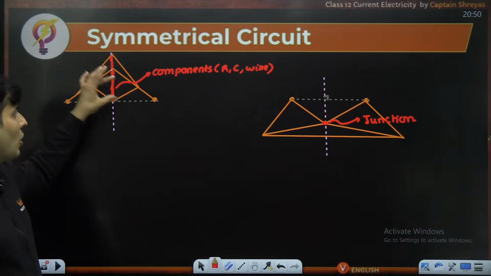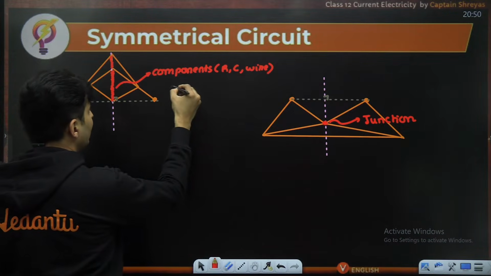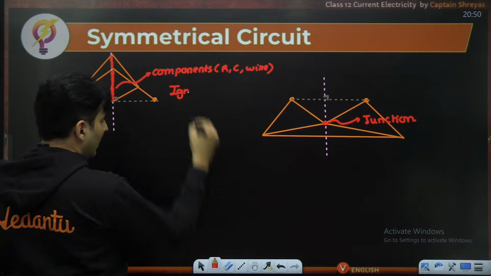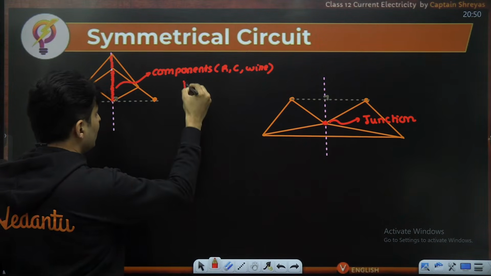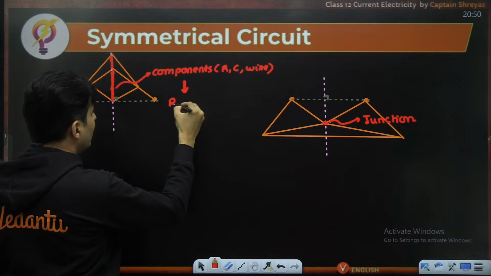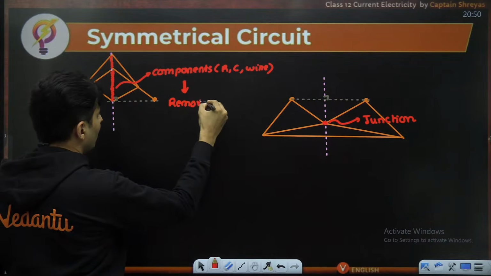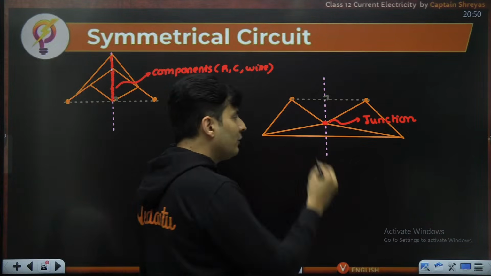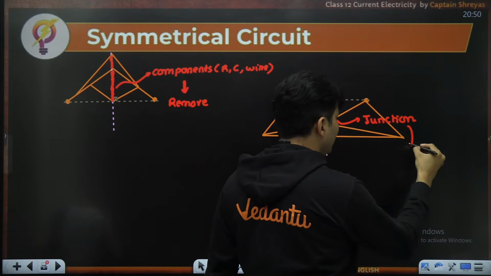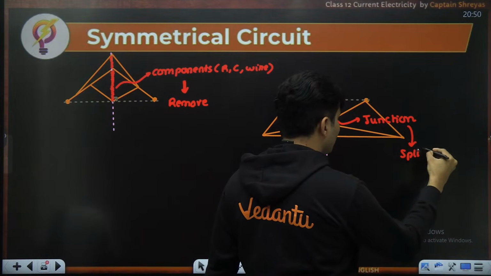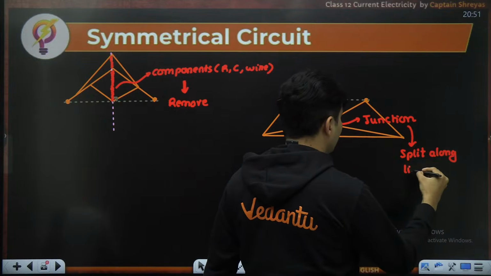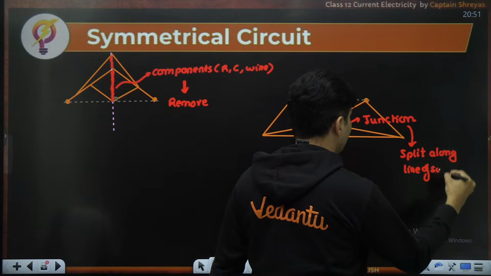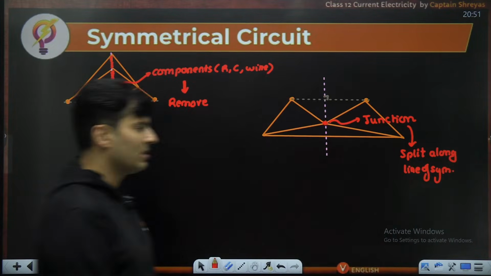Whenever you get any components, basically remove them. Completely remove them, get rid of them. If you see a junction, then split it along the line of symmetry.